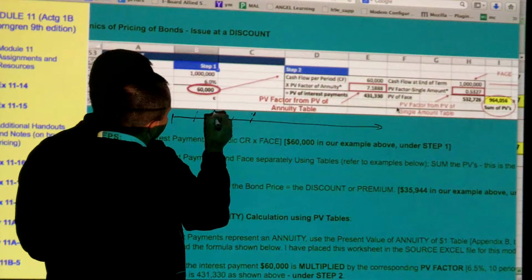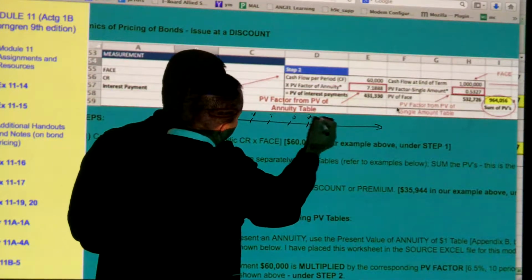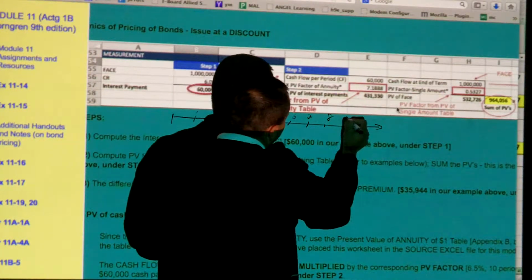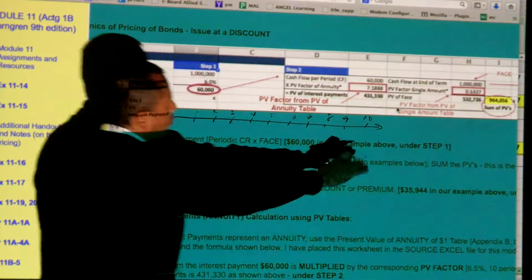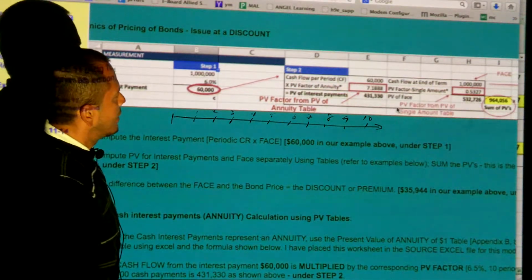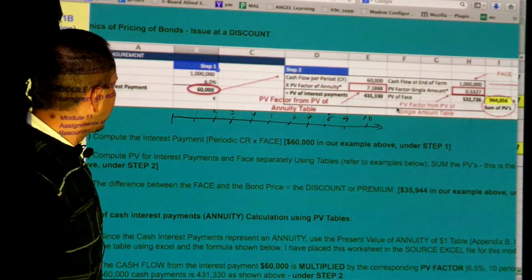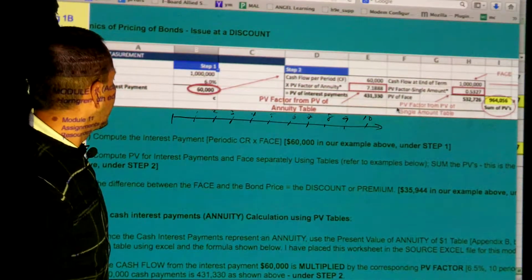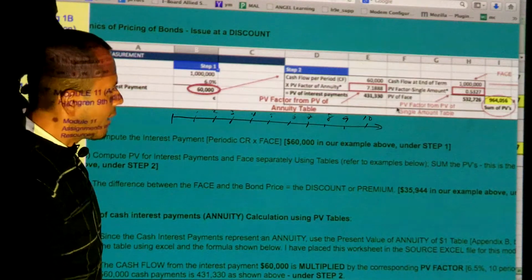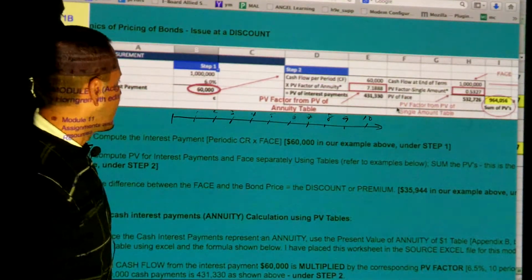So 1, 2, 3, 4, 5, 6, 7, 8, 9, and 10. This bond that I'm giving to you is a $1 million face bond, 12% annual contract rate, 5 years. So it's a 5-year term, 10 periods.